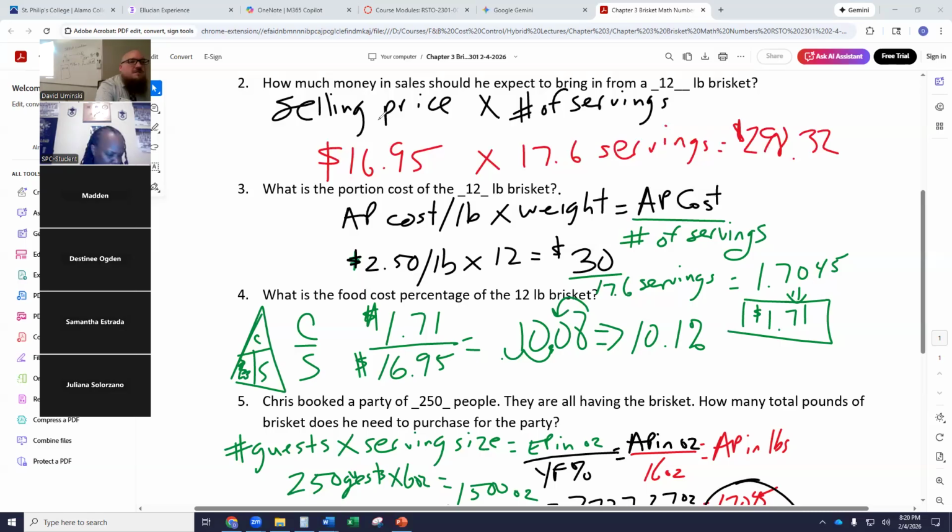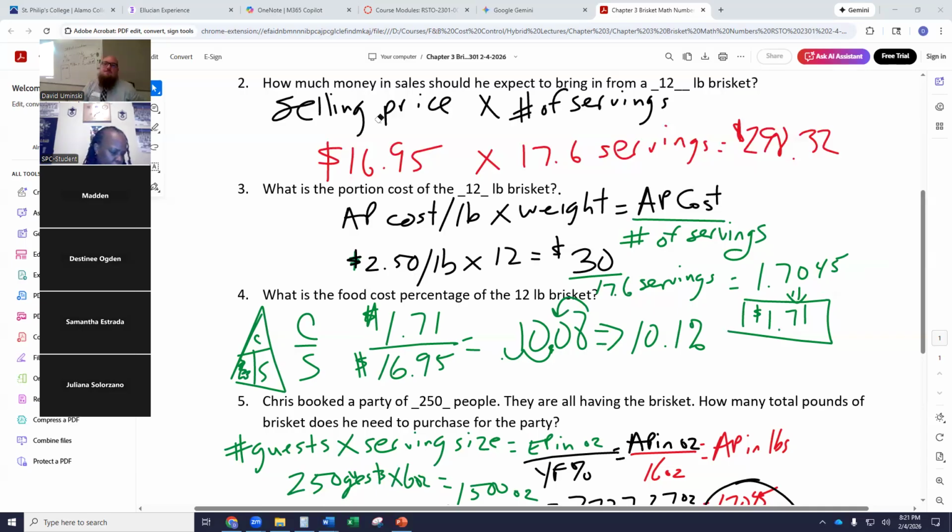Anytime in my notes that you see this symbol, whether it's going vertical or whether it's going horizontal, that is my way of saying rounding up. So I'm going from $1.7045 to $1.71. That's what that symbol means. Anytime you see that in my notes, that's what that symbol means, is I'm going up to that number.